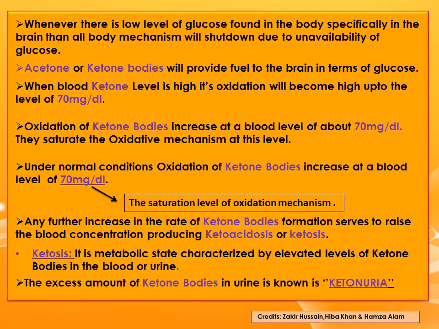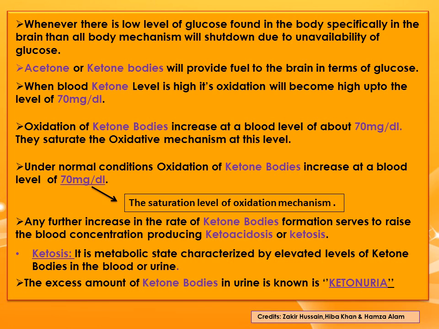They saturate the oxidative mechanism at this level. Under normal condition, oxidation of ketone bodies increases until a blood level of 70 milligram per dL, meaning that when this much is synthesized in the body, that level is basically the saturation level of the oxidative mechanism.